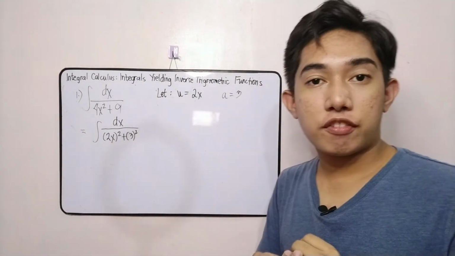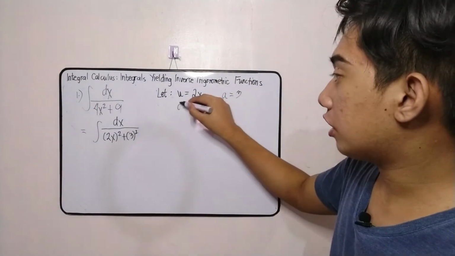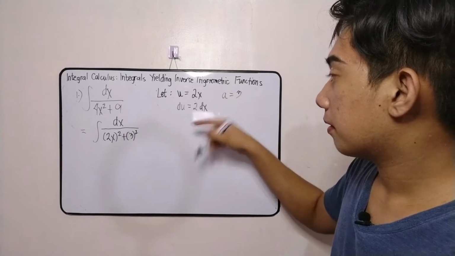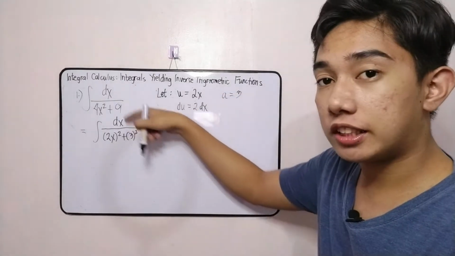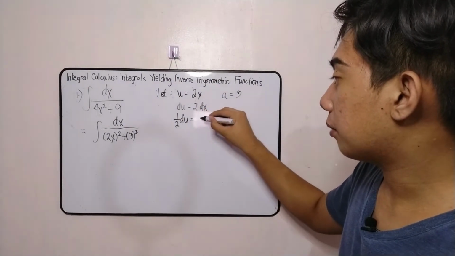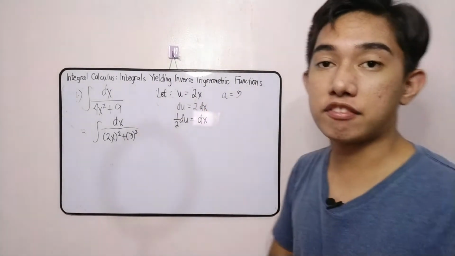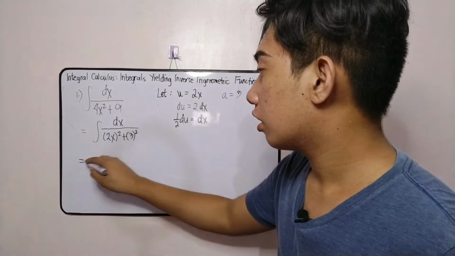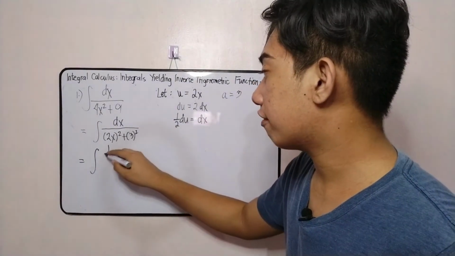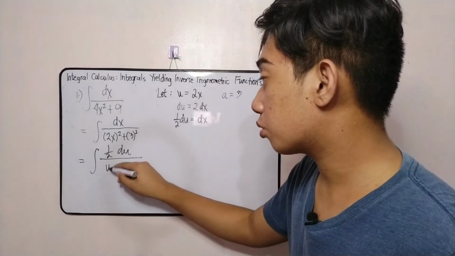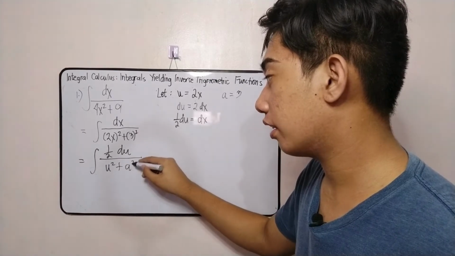So, for our differential, we will get du is equal to 2 dx. And since dx lang yung value natin dito, we will transpose the other side, then we will get this value. 1/2 du is equal to dx. Then we can plug in our values. The integration of 1/2 du all over u squared plus a squared.